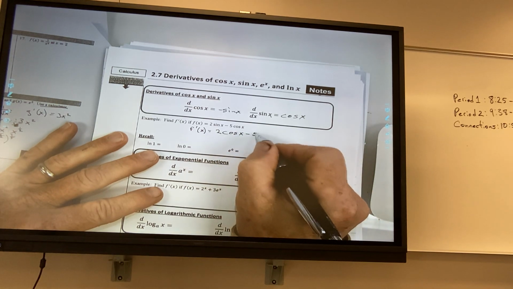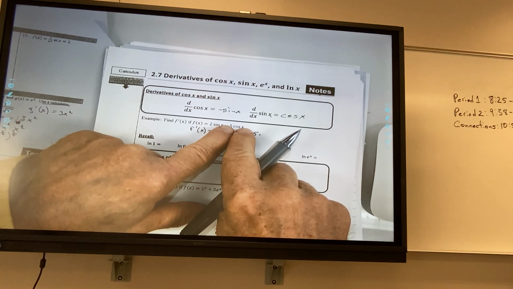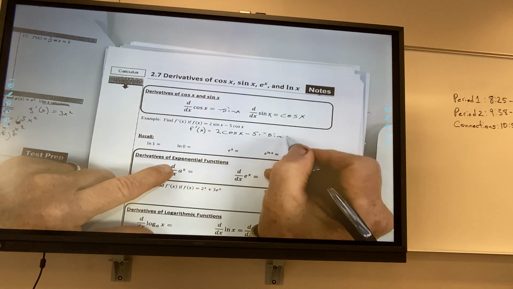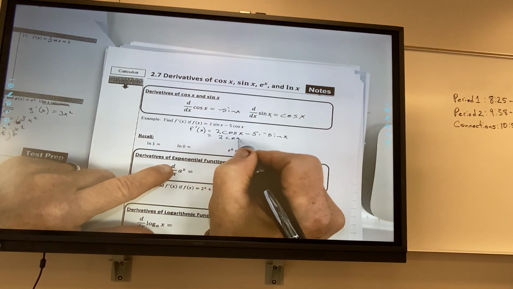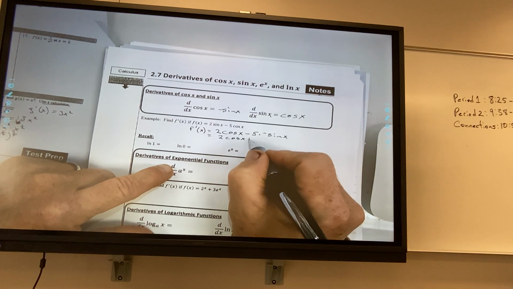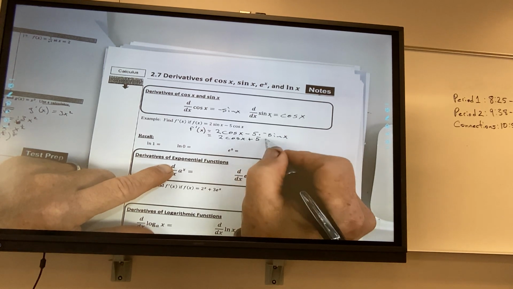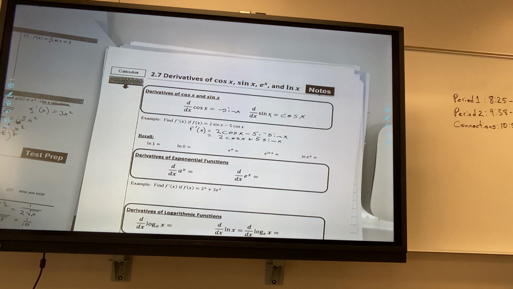Minus 5 times the derivative of the cosine of x. It's the negative sine of x. So my final answer is 2 cosine x plus, because I'm subtracting a negative, so it's plus 5 sine of x. Boom, I'm done. That's my work.